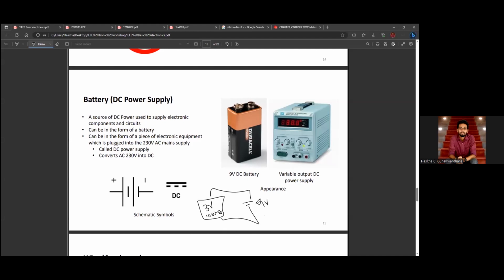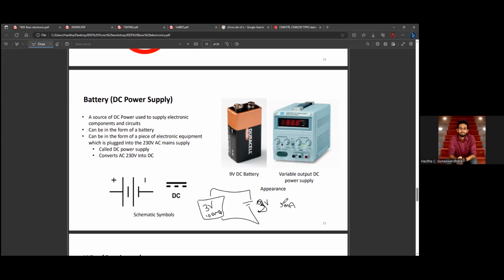In the other case, even if we have a 3 volt battery, if it cannot supply 100 milliamperes, say it can only supply 50 milliamperes, then there will also be a problem powering this circuit, because the circuit requires 100 milliampere.